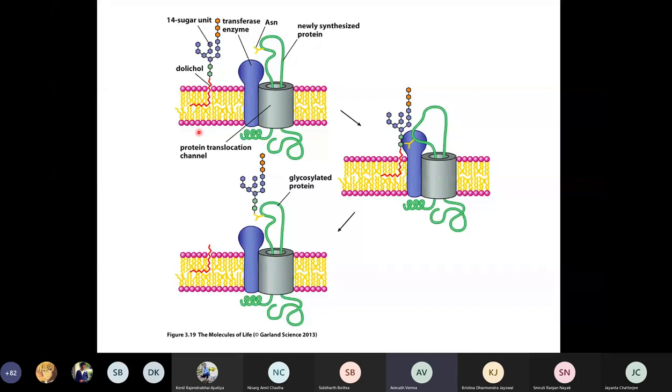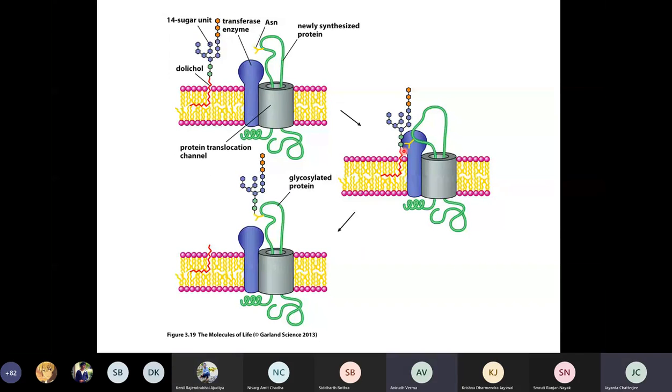So is that why it's going for glycosylation? Is it like this? I'm confused about the reason for glycosylation. Why is it happening?